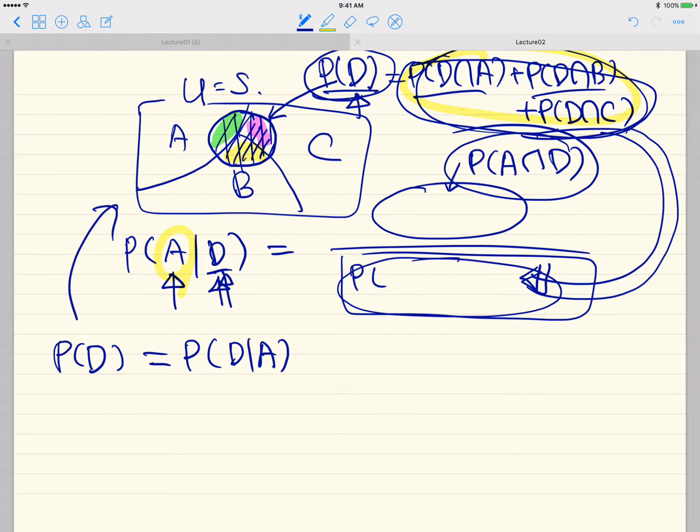Then let's think about the area of this Venn diagram. So let's just think the elements are uniformly distributed. The probability will actually be equal to the area of this space. So P of B is this. The whole area is 1, and then the area of this part is 0.3 or 30%.